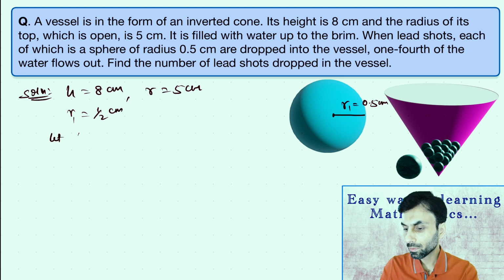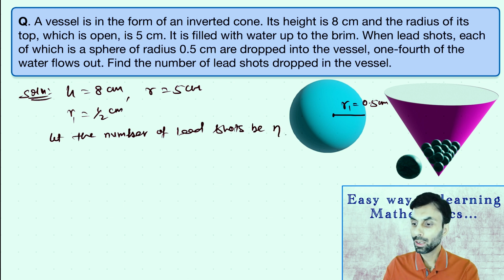So let the number of lead shots be n. Here it is given that 1/4 of the water flows out. Now this water flows due to the volume of lead shots as they are dropped into the vessel.